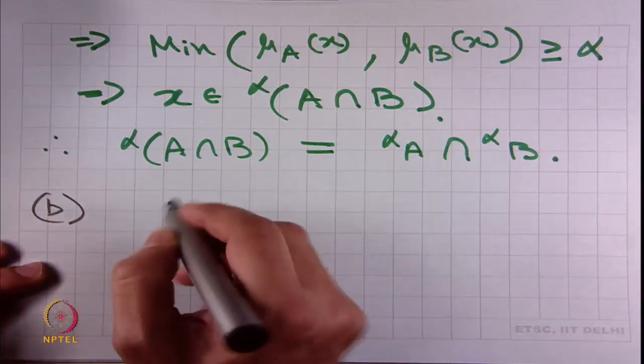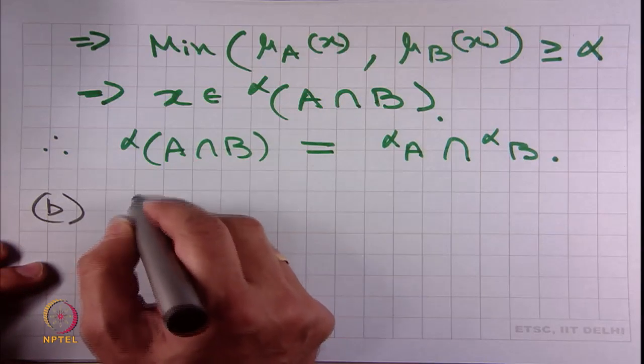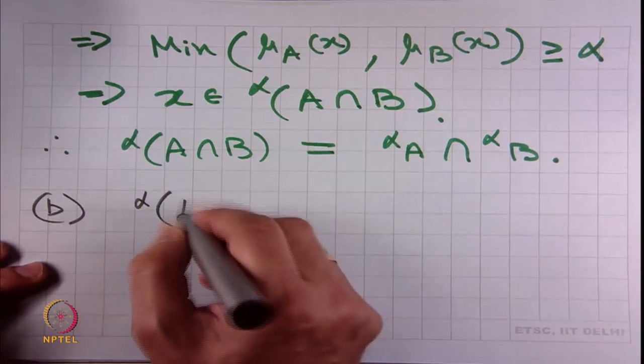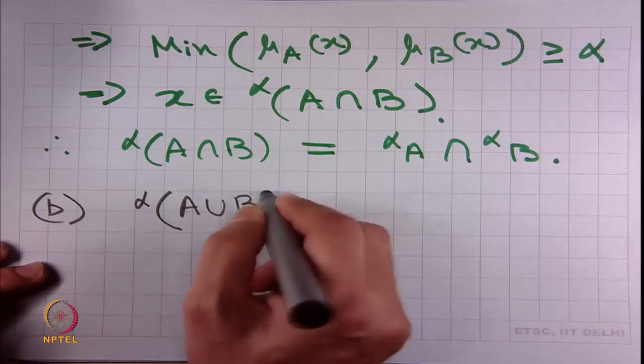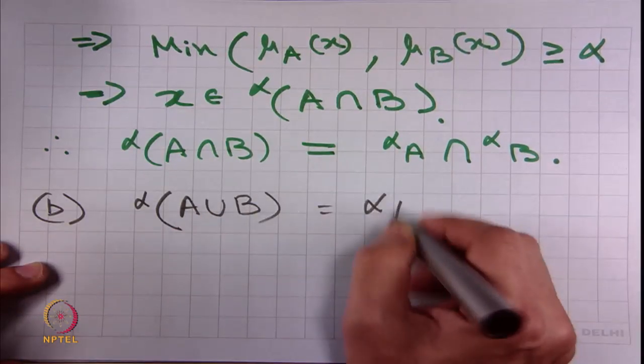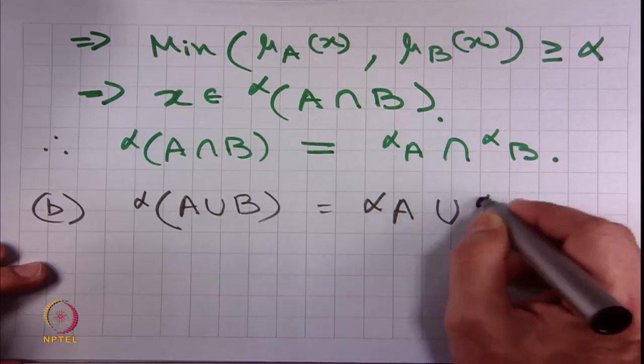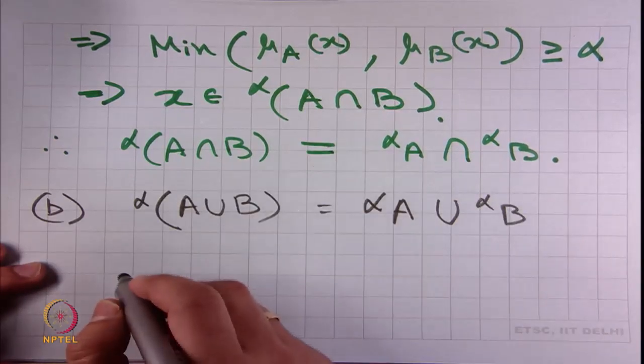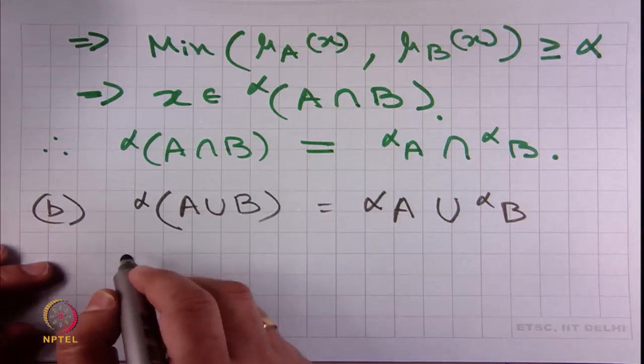Now, proof of B, that is alpha cut of A union B is equal to alpha cut of A union alpha cut of B, can be proved in a similar way.